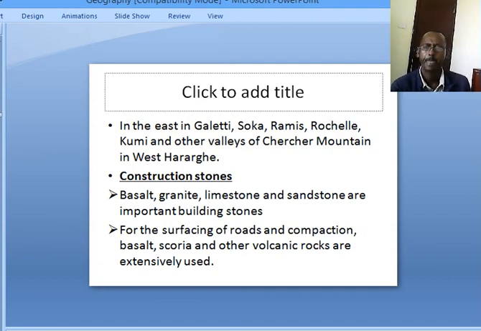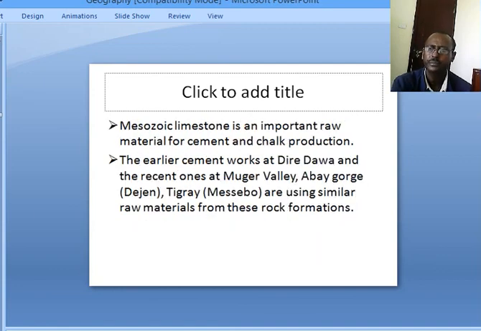Construction rocks: basalt, granite, limestone, and sandstone are important building stones, especially for construction. Like what? Road construction. For example, granite is very good for the construction of roads. For the surfacing of roads and compaction, basalt, scoria, and other volcanic rocks are extensively used. Mesozoic limestone is an important raw material for cement and chalk production.